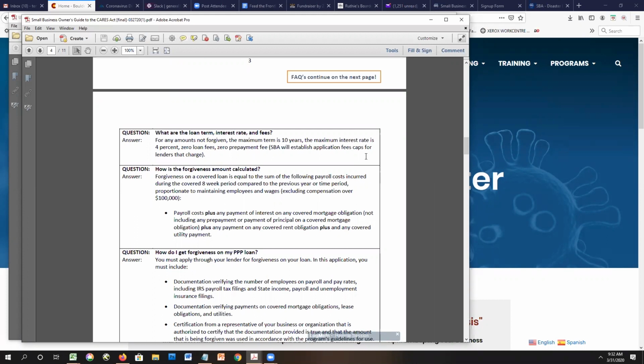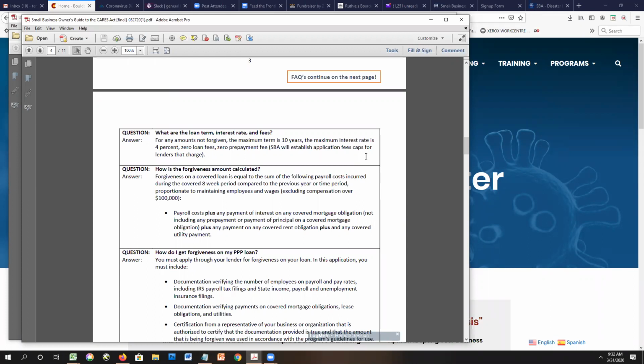Yeah, actually for the size of the loan, it is February 2019 to June 30th, 2019, because from the Small Business Administration's perspective, they want to make sure you're a real business that operated for at least a year. There's a standard if you were not in business between February 15th and June 30th, 2019. So it is actually 2019.